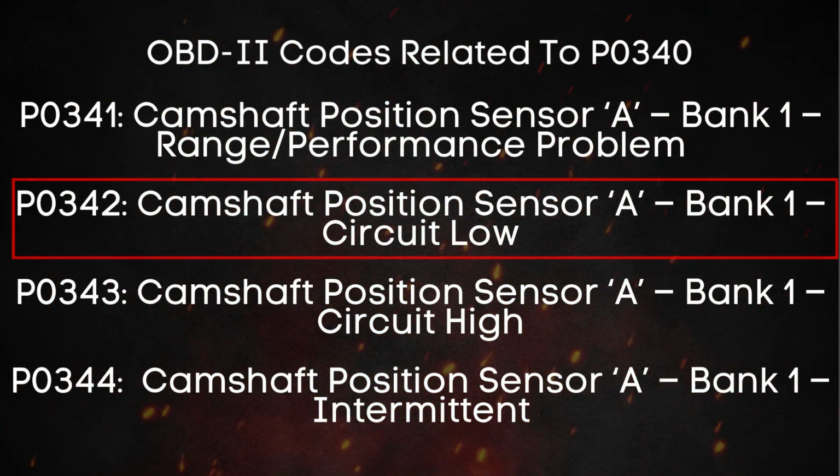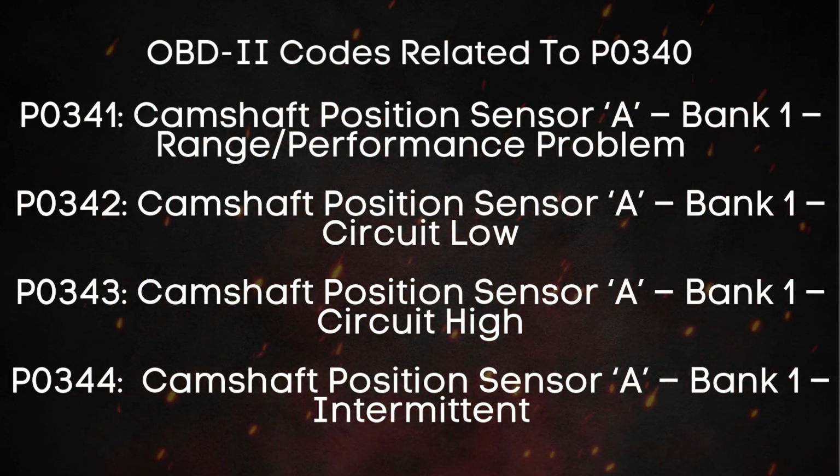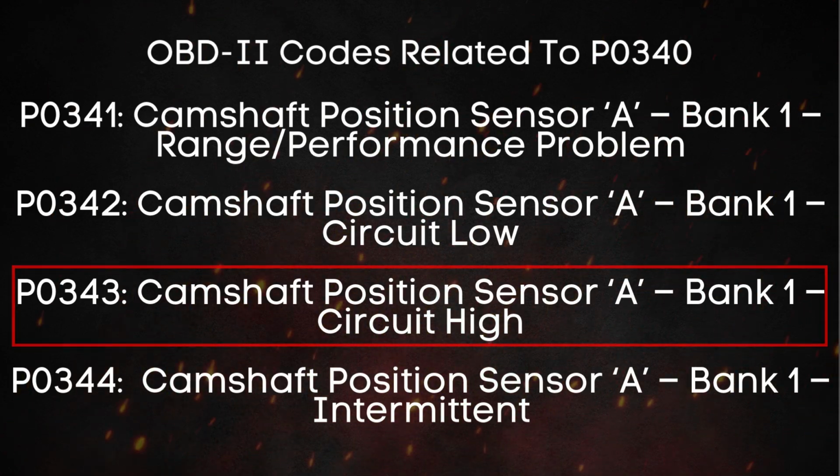Then there's P0342, which means intake camshaft position sensor for bank 1 is circuit low. This usually indicates that the voltage in the sensor's signal is too low. It could be caused by a dying sensor, damaged wiring, or corroded connections. On the flip side, you might see P0343, which is intake camshaft position sensor for bank 1 is circuit high.